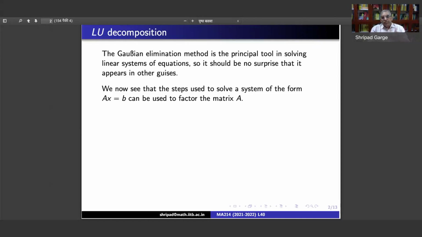So it's both ways. It's a give and take kind of system, from factorization to the solution of systems of linear equations, and also from the solutions of linear equations to factorizations.